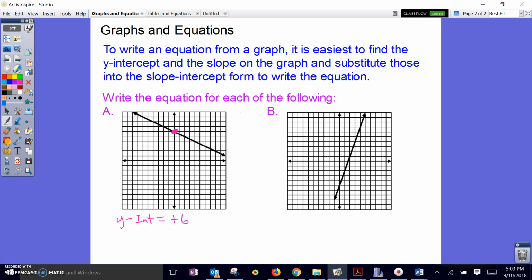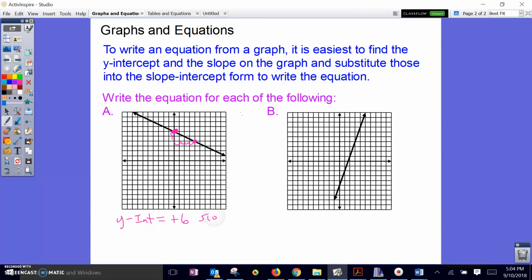+6. And then we identify the slope, and the way we're going to identify the slope is we're going to find another point where the line goes exactly through the grid, and we're going to identify the slope by using rise over run and reducing it if necessary. I see that the line goes through this point right here. And so to get from one point to the other, I go down 2, and I go over 4 to the right.